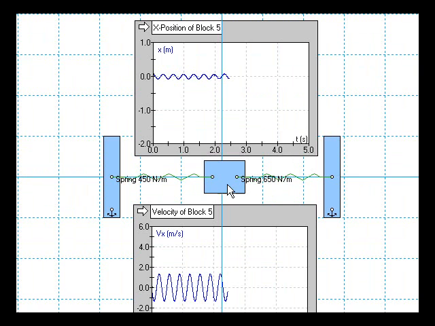This is the initial position, so it's being pulled a little bit to the right, which means that this spring is stretched, and as it's being pulled to the right, the spring likes to pull it back to the left, so in the opposite direction. And then this spring is compressed, and as it's being compressed to the right, it likes to push the block back to the left, and of course Hooke's law says exactly that.